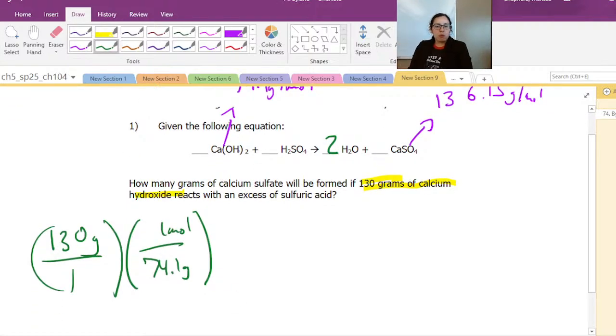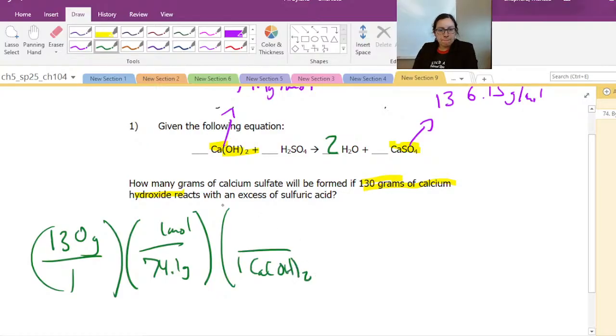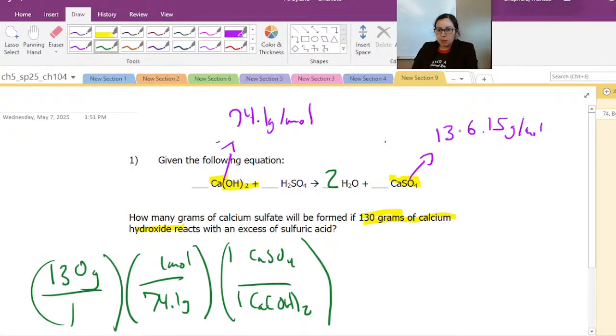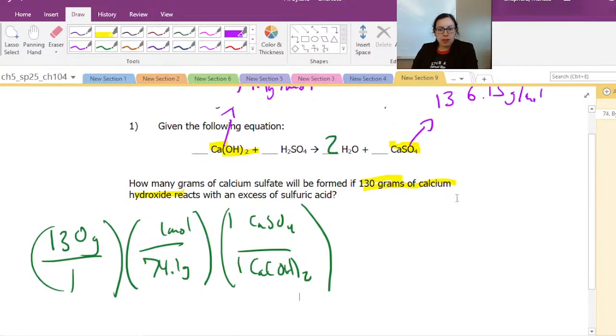And then again, mole-mole ratio. So we want to compare calcium sulfate, so 1 to 1, so that's nice at least. And I'll just write it. And then last step, right, multiply by our molecular weight.